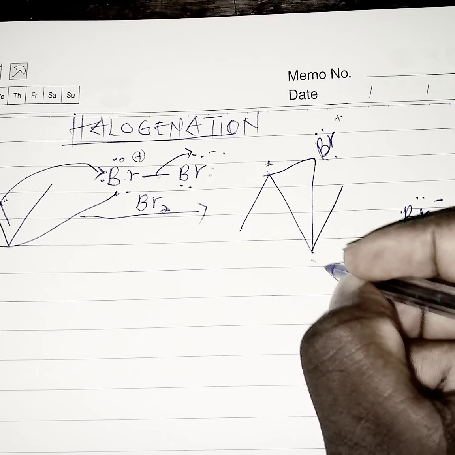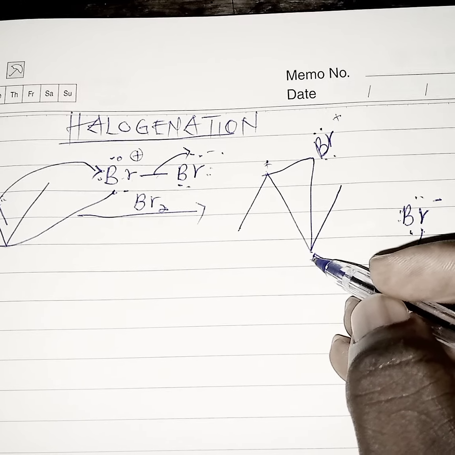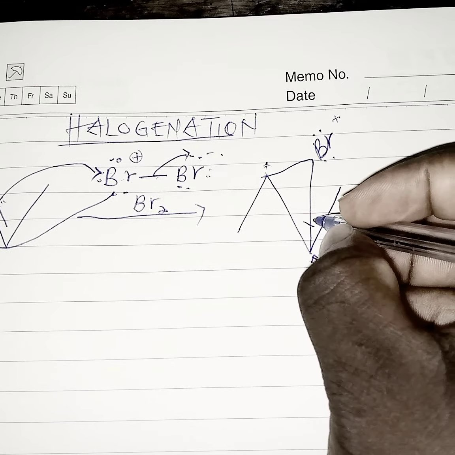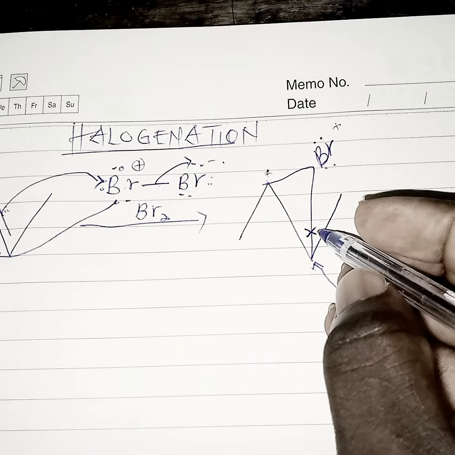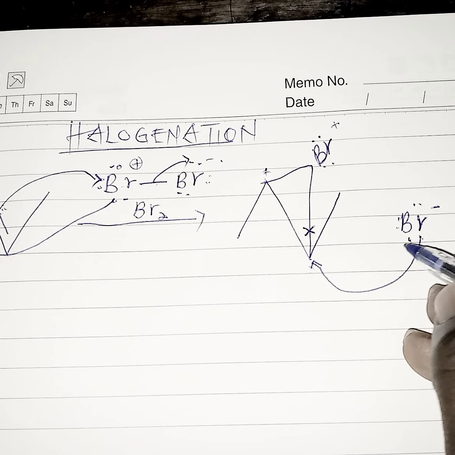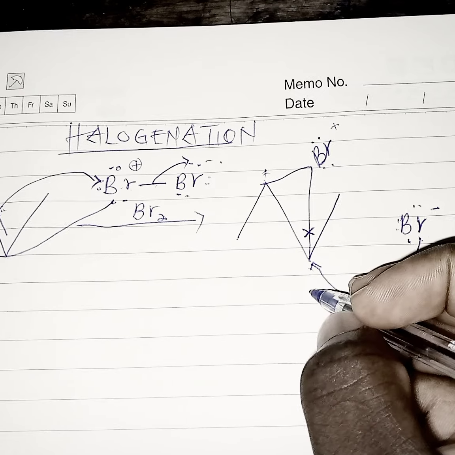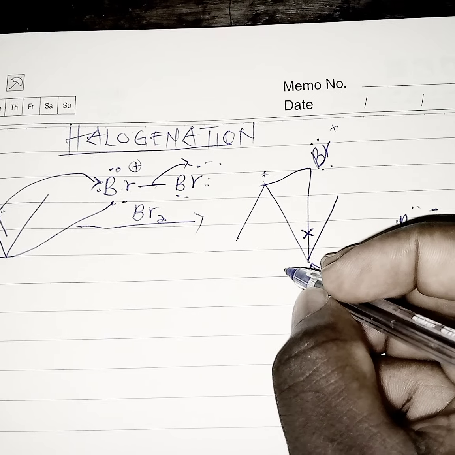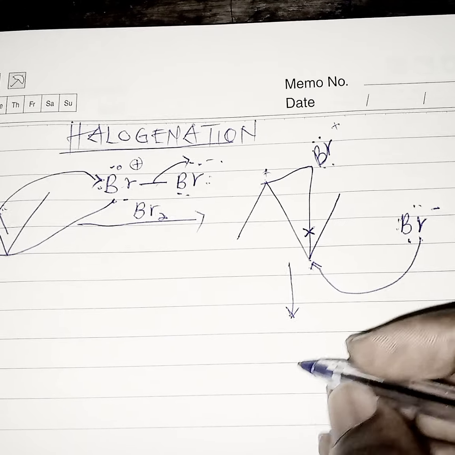Let's say it will attach itself to this place. When this one comes to this place, it will cause this bond here to break. You see this bromine attaching itself to this place, and this results in forming a vicinal compound, a vicinal dihalide.